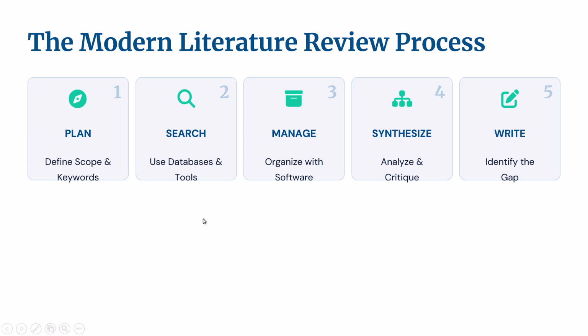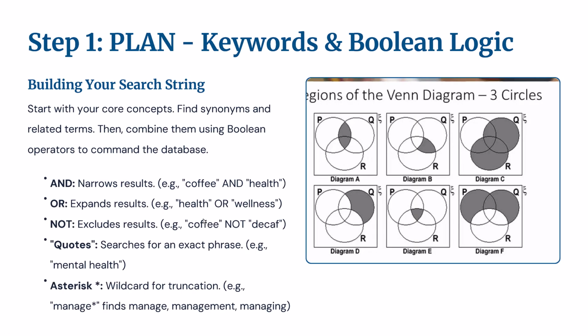Let's look deeper at the first step. Step 1, plan: keywords and Boolean logic. Before conducting a literature review, we have to find our keywords and join them using Boolean logic, or I can say logic operators.